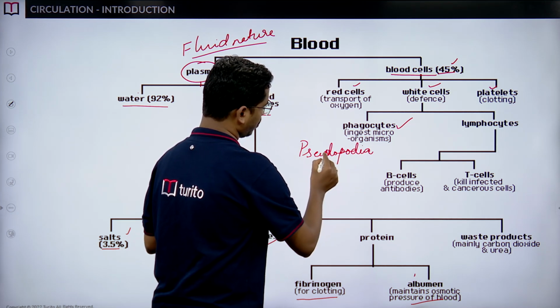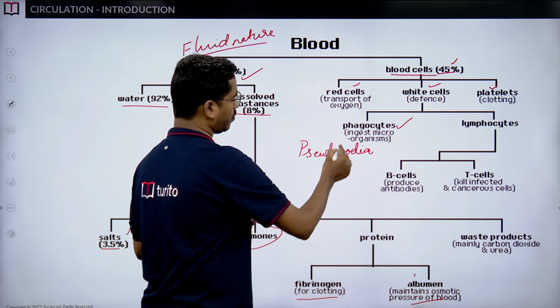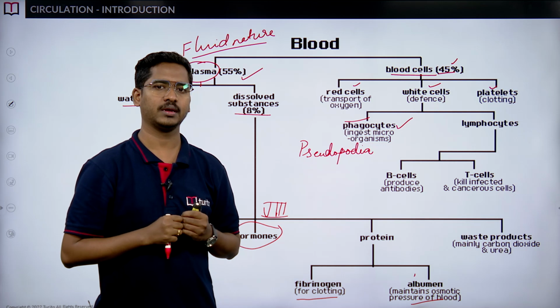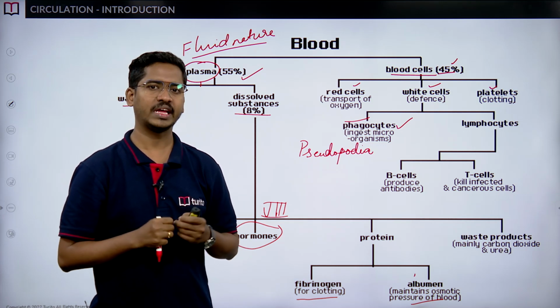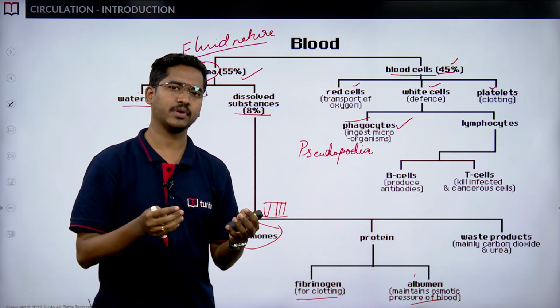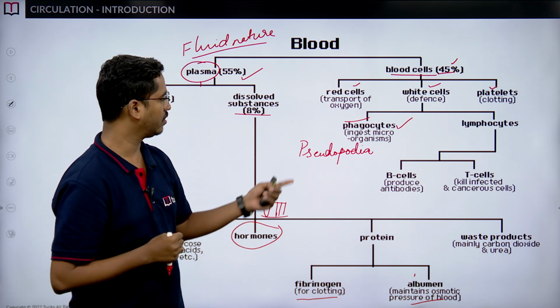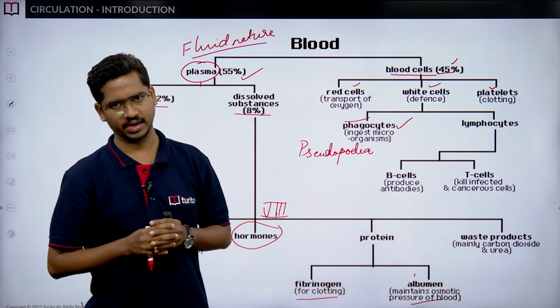Here also you will see pseudopodia formed by these cells in order to engulf dead or live foreign organisms which are causing harm to our body. So, they will be engulfing those organisms.